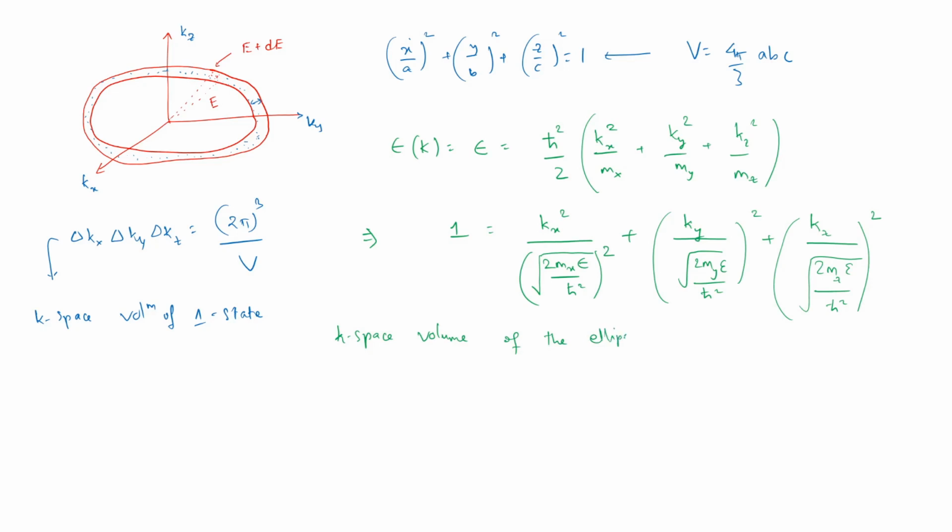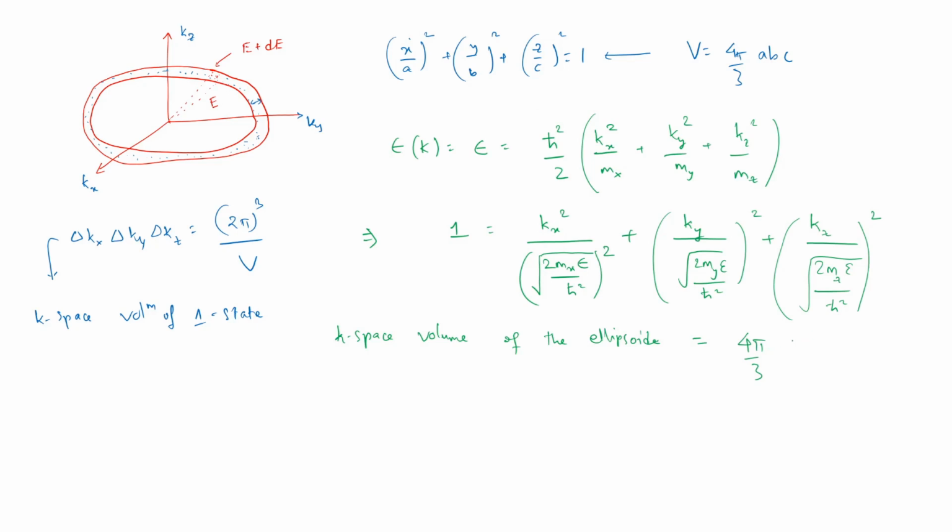Okay, so the k space volume of the ellipsoid with maximum energy epsilon will be given by 4 pi by 3 ABC. Now our ABC is the denominator of x, y and z. Here it will be the denominator of kx, ky and kz.